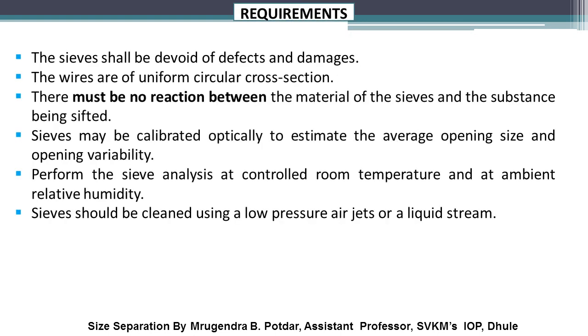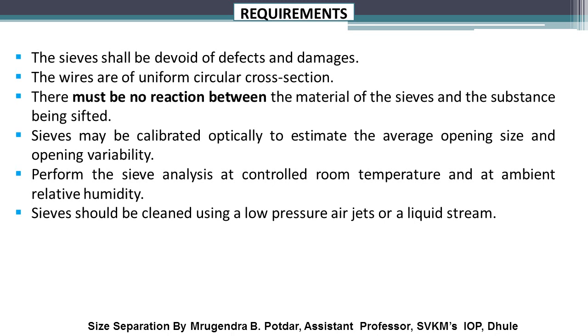Requirements. The sieves shall be devoid of defects and damage. Whenever we are utilizing the sieves, there are some characteristics of sieves. First, it should be devoid of defects and damage. The wires are of uniform circular cross sections. There must be no reactions between the material of the sieves and the substances being sifted.